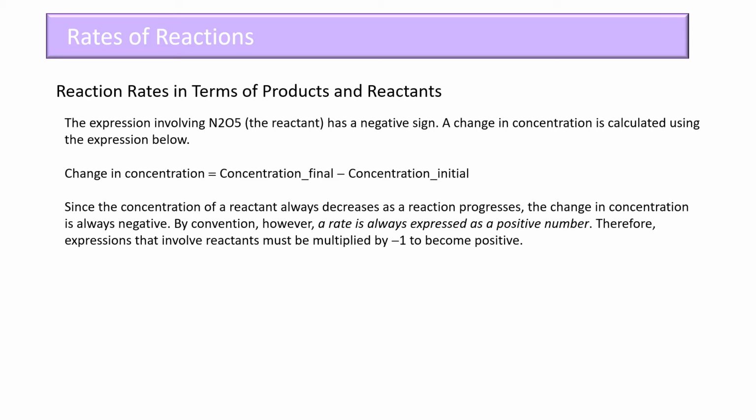Since the concentration of a reactant always decreases as a reaction progresses, the change in concentration is always negative. By convention, however, a rate is always expressed as a positive number. Therefore, expressions that involve reactants must be multiplied by -1 to become positive.